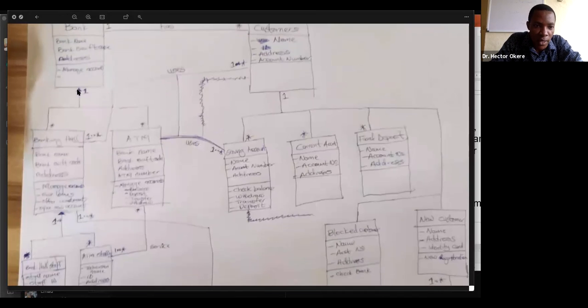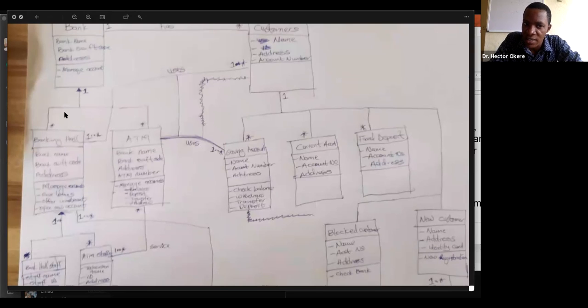So let's go lower. You see the triangle arrow, it means inheritance, right? So for the bank, you can either use the banking hall, that is the banking building, or the banking ATM. They are both subsets, or children, or subclasses of the parent class, okay?